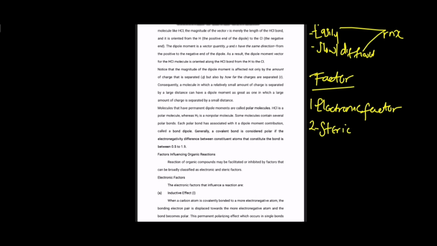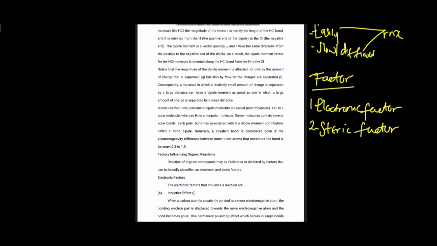Please take note of this. Some reactions happen very fast, while some happen at a slower rate, and some are very difficult, because they are influenced by these factors, grouped into the electronic factor and the steric factor.